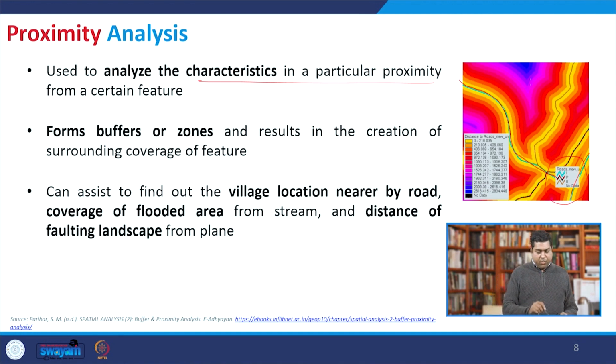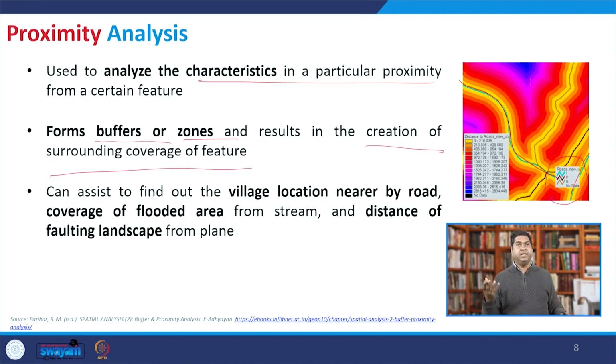In this case it forms buffers or zones and results in creation of surrounding coverage of any feature. It can be a building, it can be a river, it can be a road, it can be any point, it can be just a point of attraction, and from that point of attraction we can do this buffer analysis.